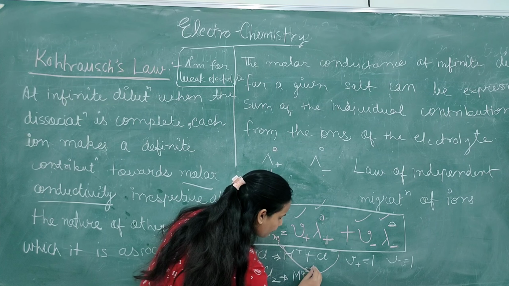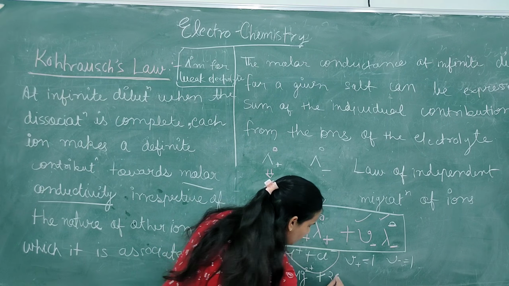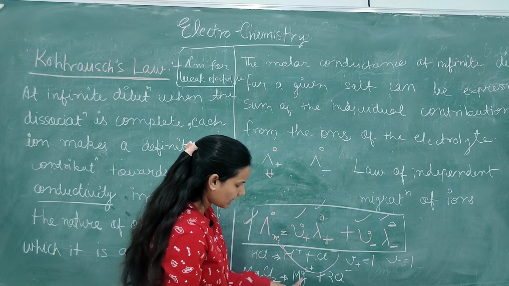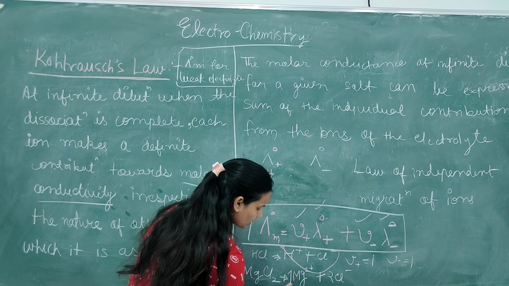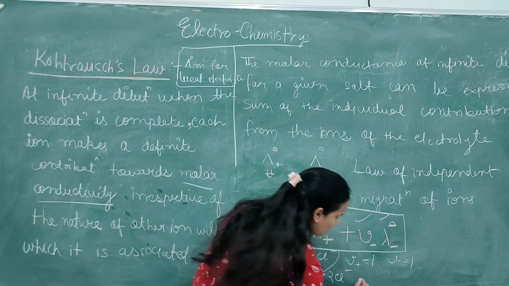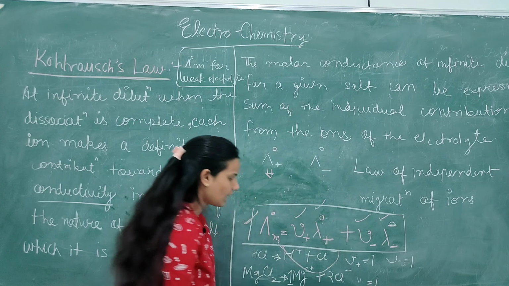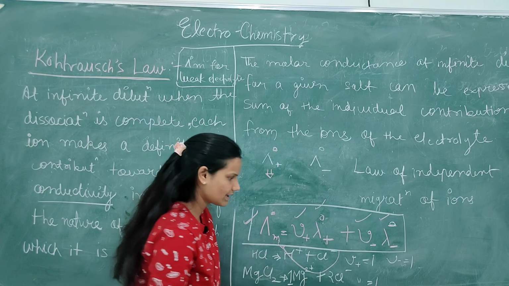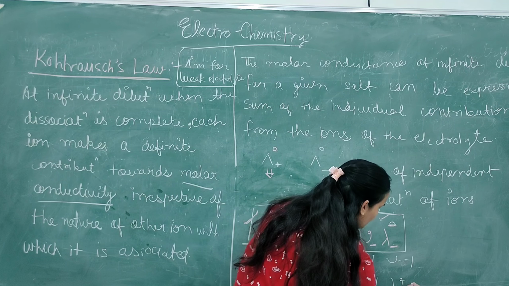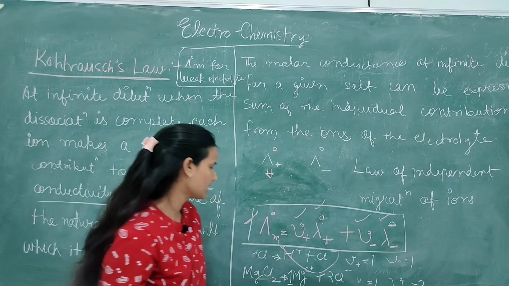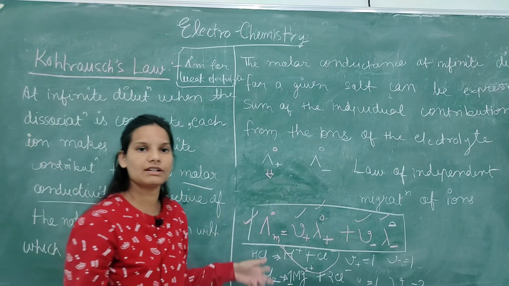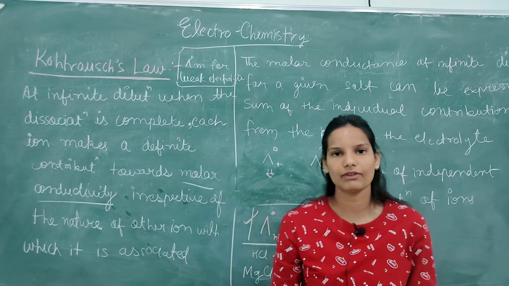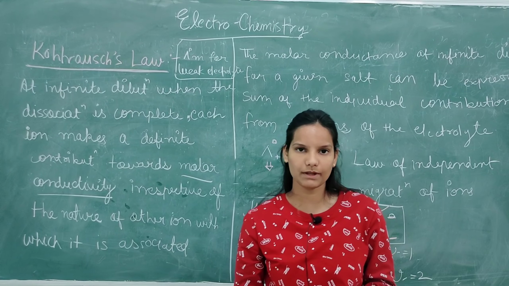Mg2 positive plus 2 Cl negative. The number of cations, only one Mg2 positive, so nu positive equals 1, and you have 2 chlorides, so nu negative becomes 2. Okay, this will help you. Read these statements very nicely and then we will solve some basic numericals from the previous year part.